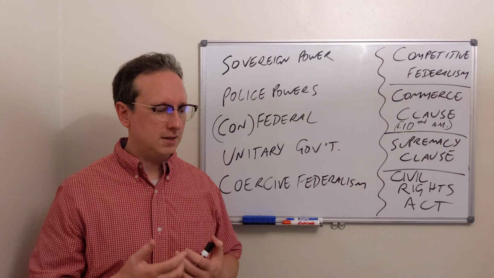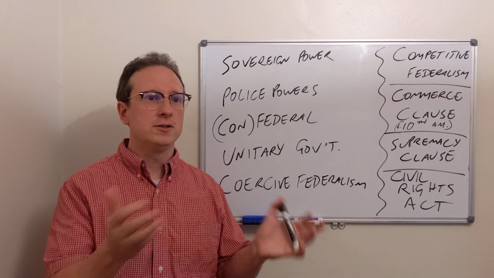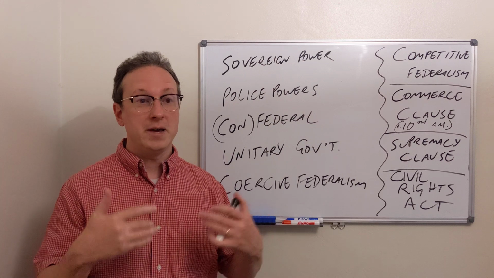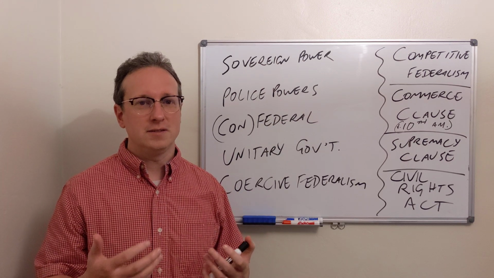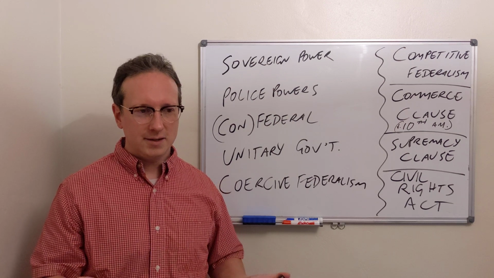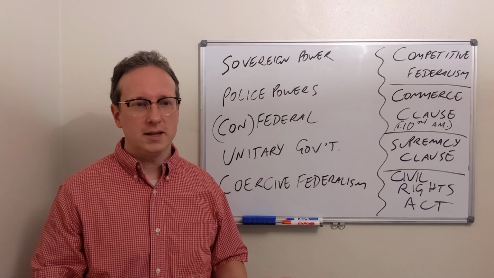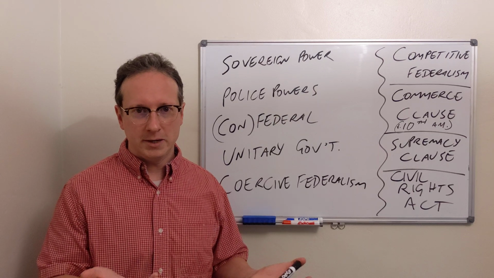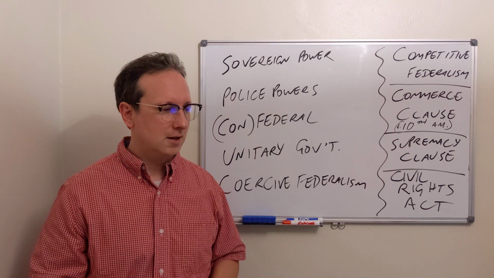McCulloch was the president of the Bank of the United States, or I'm sorry, he was the regional manager, basically, of the Bank of the United States. It's an earlier incarnation of today's Federal Reserve Bank that regulates our currency. And the Bank of the United States had an office in the state of Maryland, one of the 13 original states.